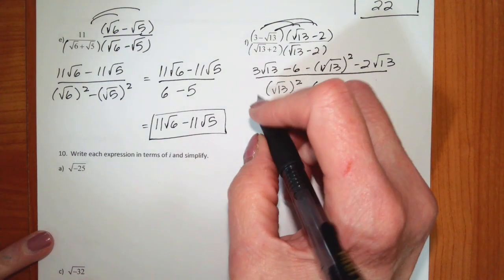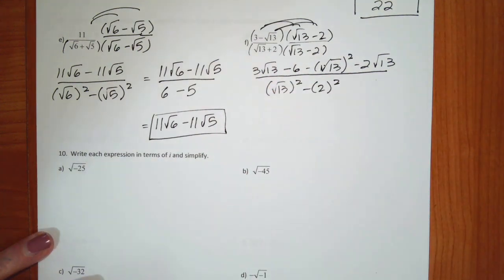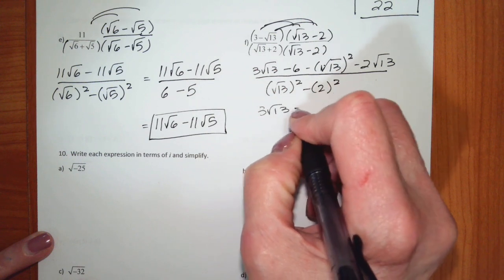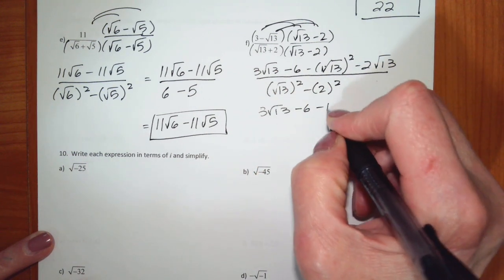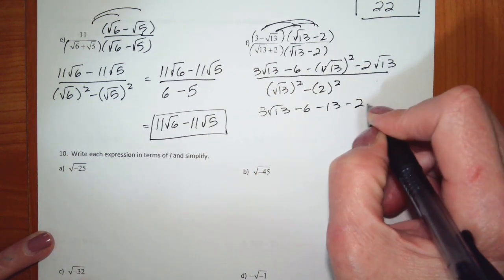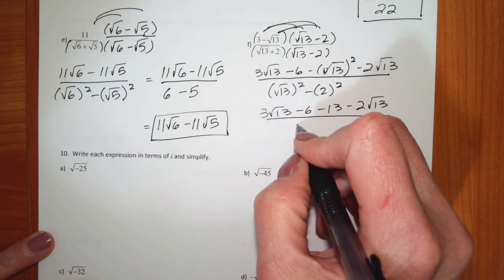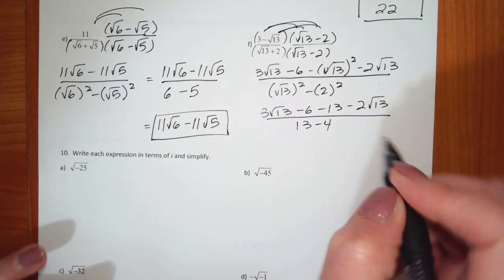Okay, so let's see what that gives me. That gives me 3 root 13 minus 6 minus 13 minus 2 root 13 divided by 13 minus 4.